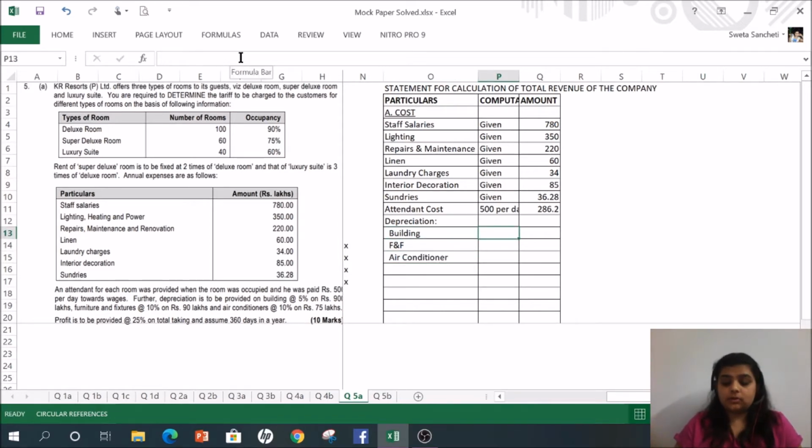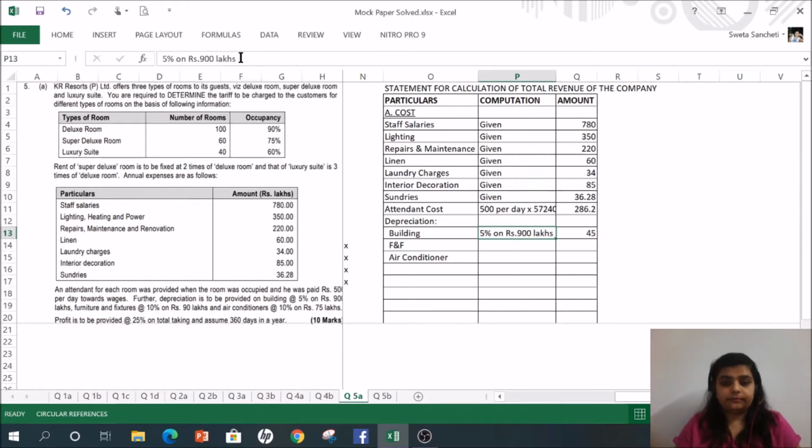Building 5% on 900 lakhs. Since I need the amount in lakhs only, so directly 45.